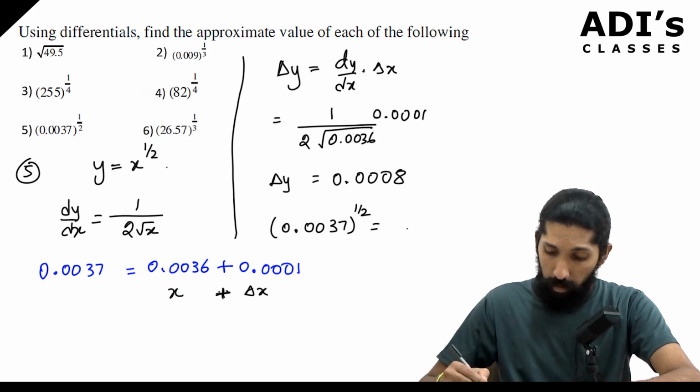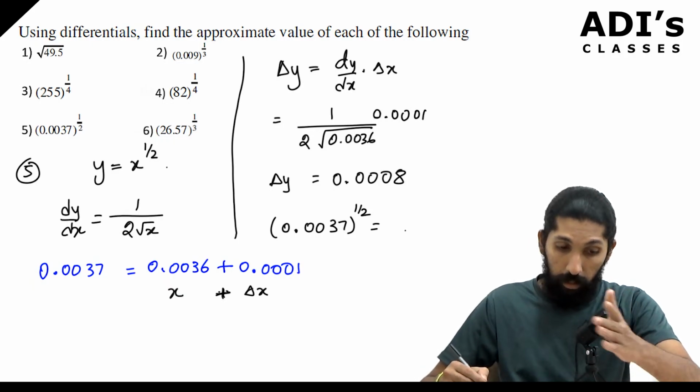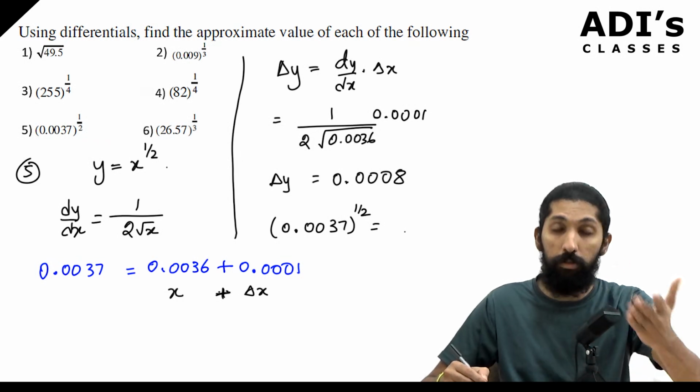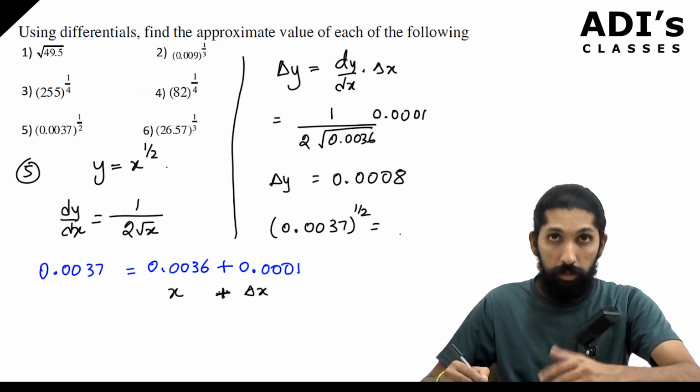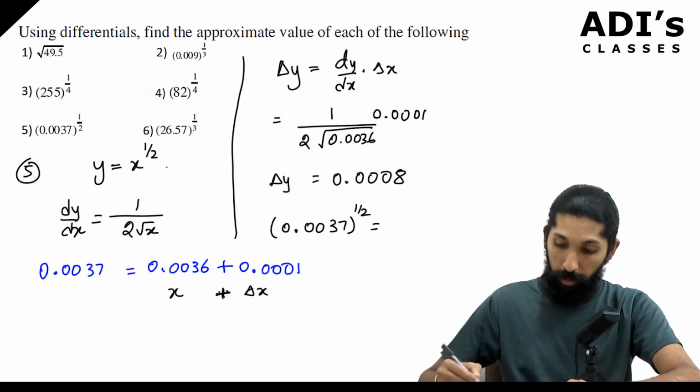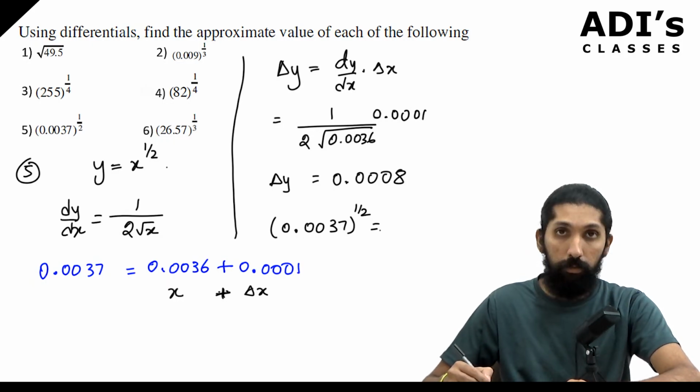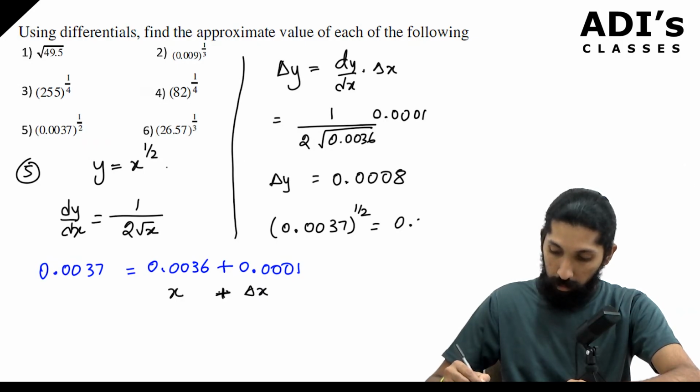So what do you have? 0.6. Then after that, sorry, 0.06, not 0.6, my bad, 0.06. So this value will be 0.06.